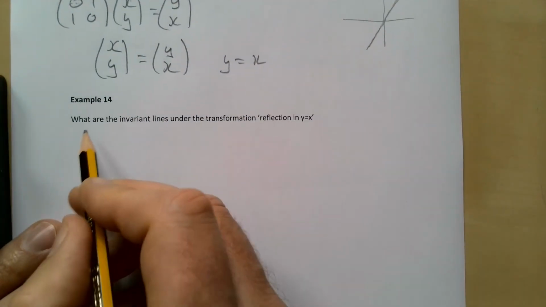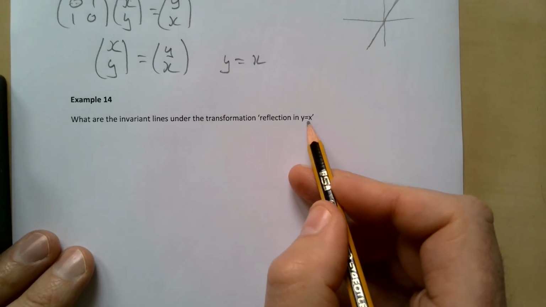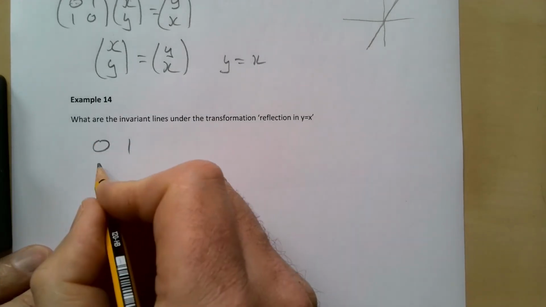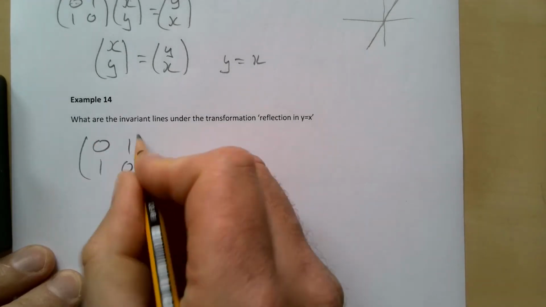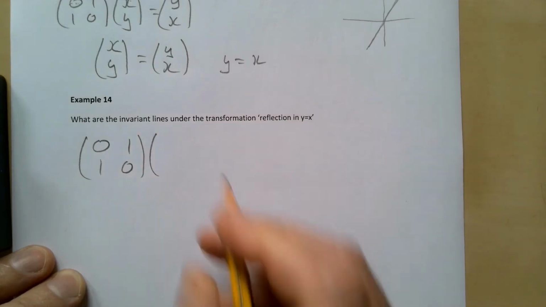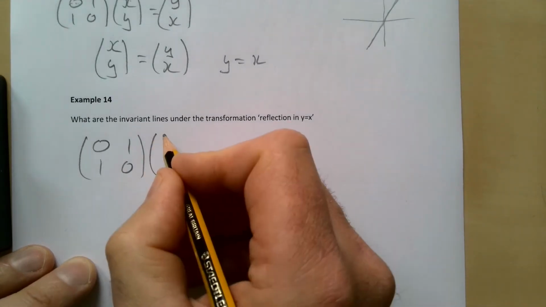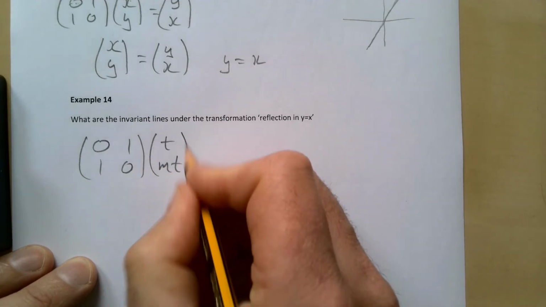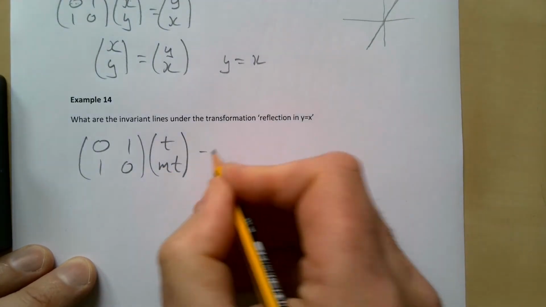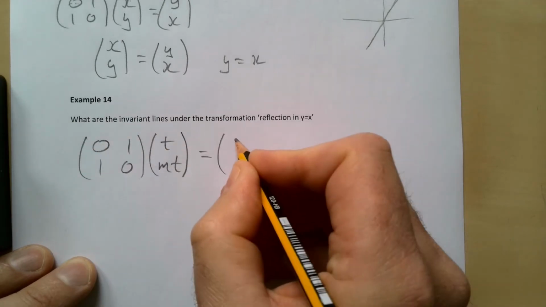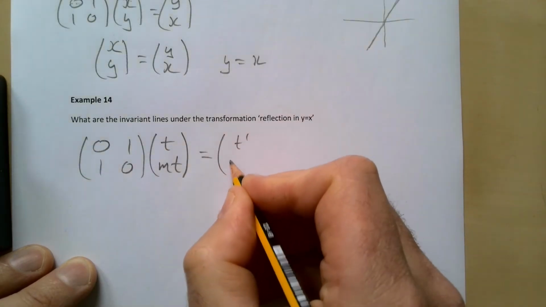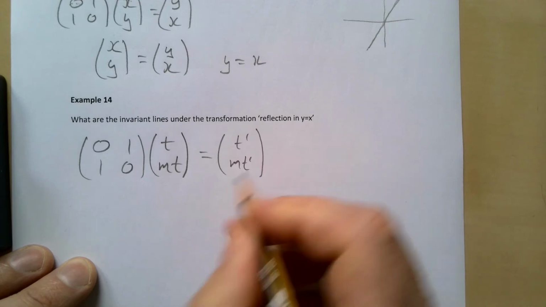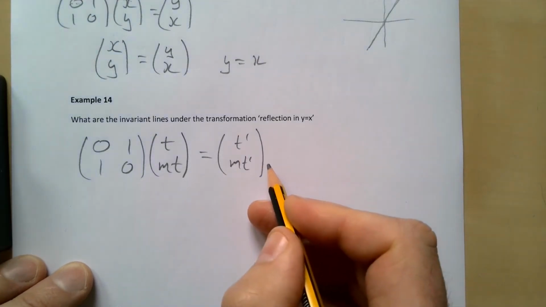What about example 2? The invariant lines in the reflection y equals x. The matrix is 0, 1, 1, 0. A line going through the origin is going to be of the form t and mt. And whenever we multiply it out, it should give us t dash and mt dash, a different point on the same line.